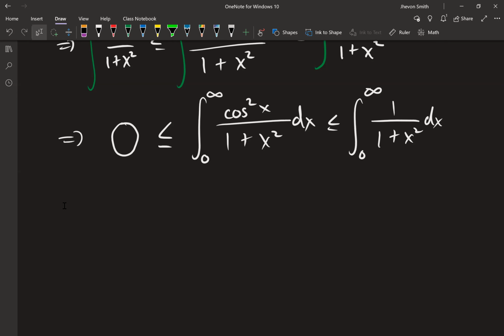Do you see how to continue? What can you say about the bigger guy? What can you say about the guy here? Integral from 0 to infinity of 1 over 1 plus x squared. How would you deal with that?